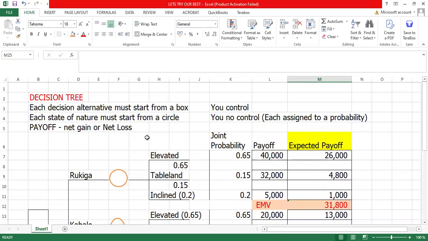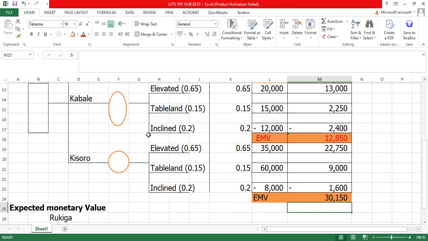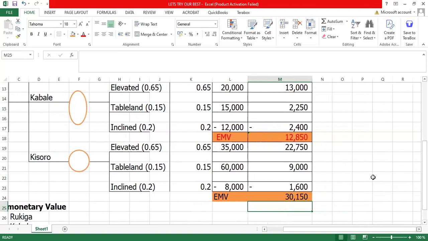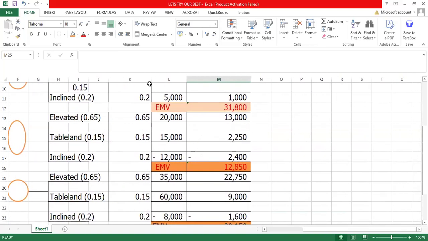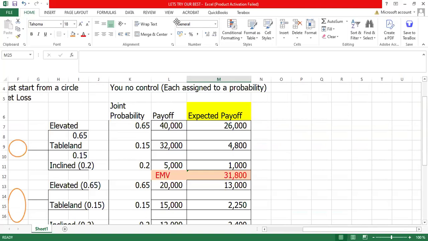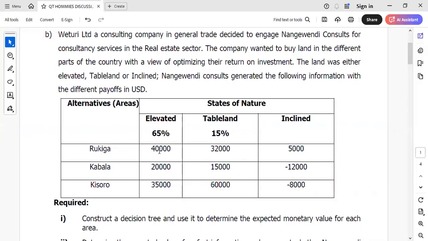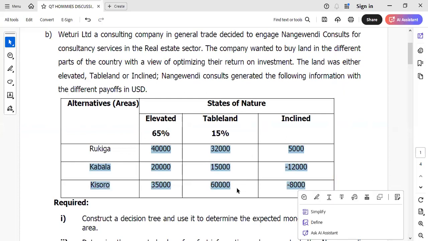Remember, in this area you can be asked to use the payoff table, or you use the decision tree to come up with expected monetary value. When using the payoff table, you just convert your payoffs into expected payoffs by multiplying by the corresponding probability.